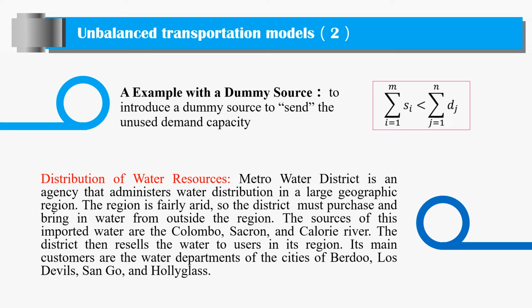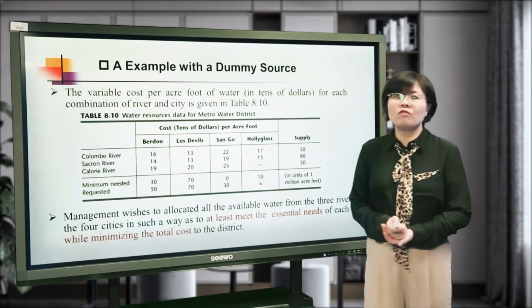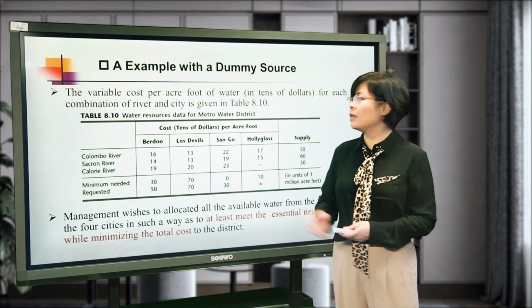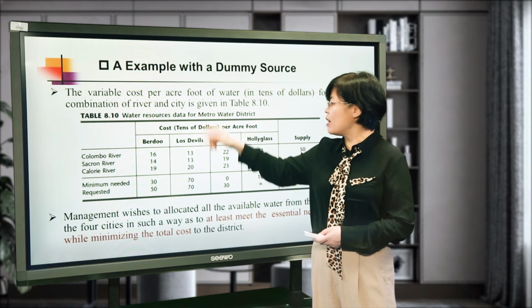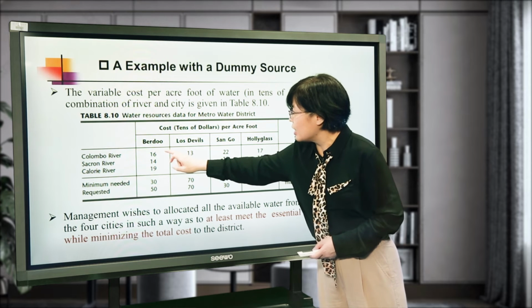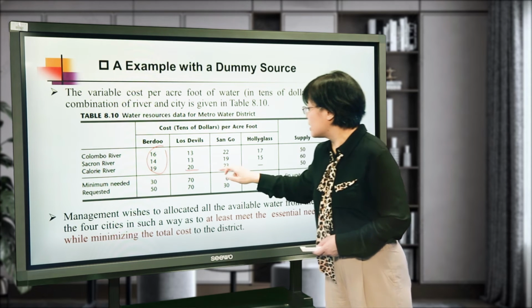And the district then resells the water to four cities: Bandung, Los Davis, Sangul, and Holy Glass. The variable cost per acre foot of water for each combination of river and city is given in this table, like this.